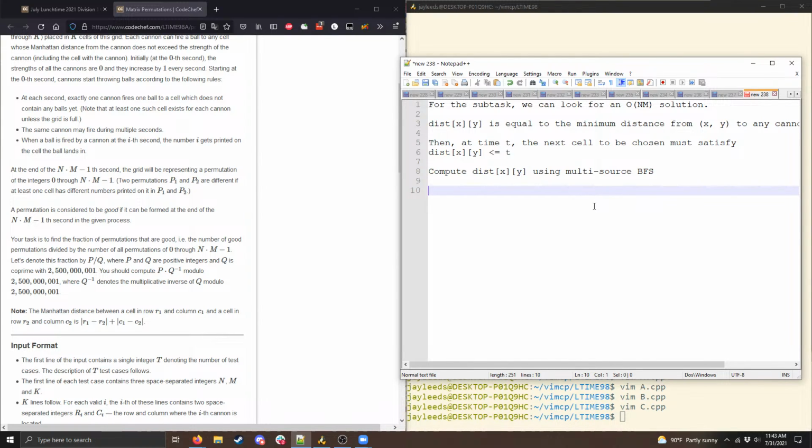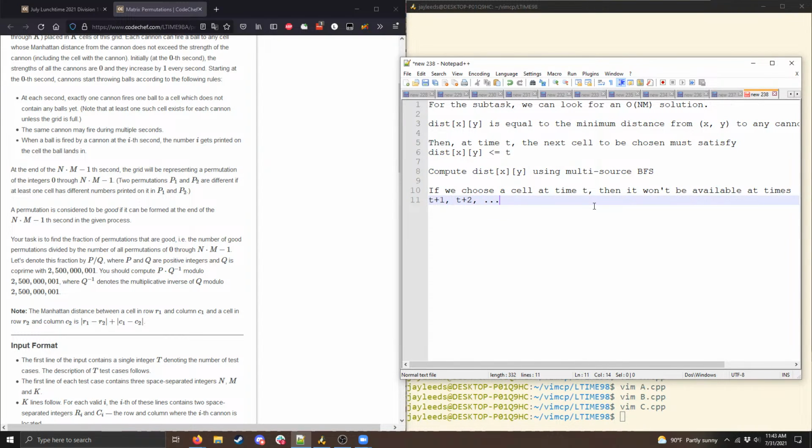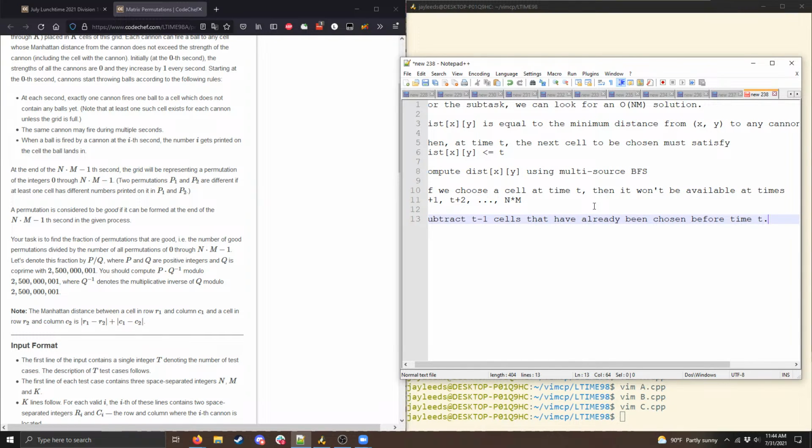But we can say, if we choose a cell at time t, then it won't be available at times t plus 1, t plus 2, up to n times m. And so we can essentially subtract t minus 1 cells that have already been chosen before time t. Or I guess if they're 0 indexed, then we subtract t.